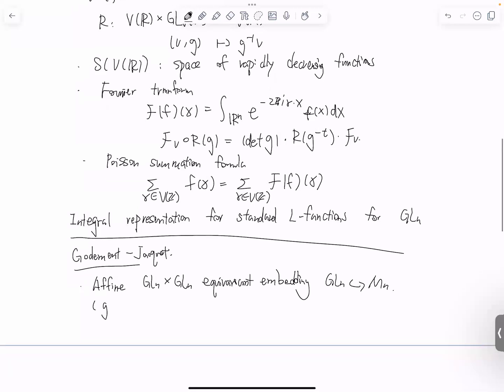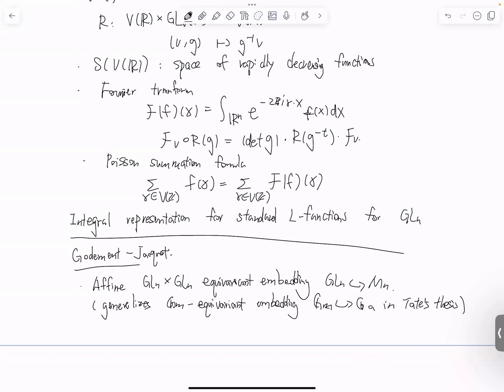So this generalizes a G_m equivariant embedding from G_m to G_a in Tate's thesis.